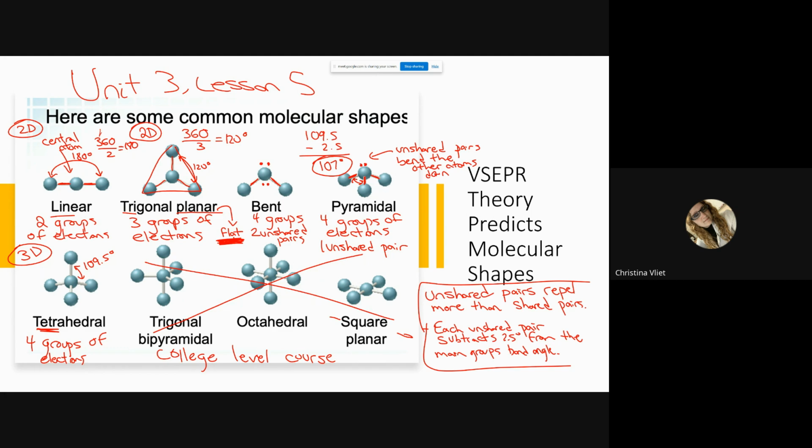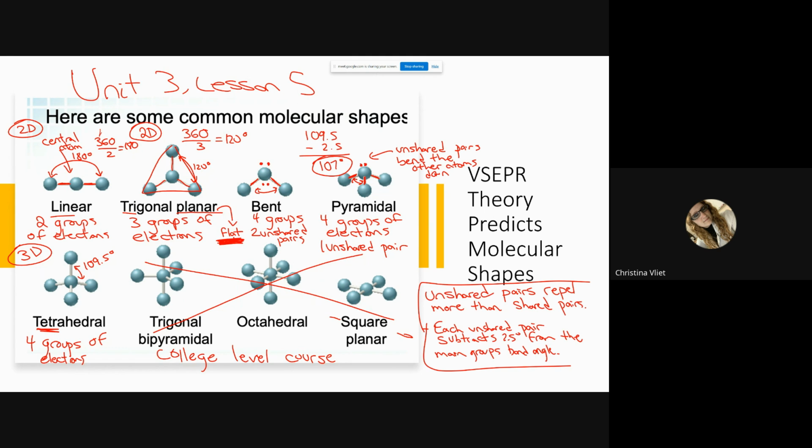And so what is the bond angle around the 2 atoms in a bent molecule? And yes, I saw this in the last class. It looks like good job. What is the bond angle around these 2 atoms? How could we figure that out? It is 104.5.